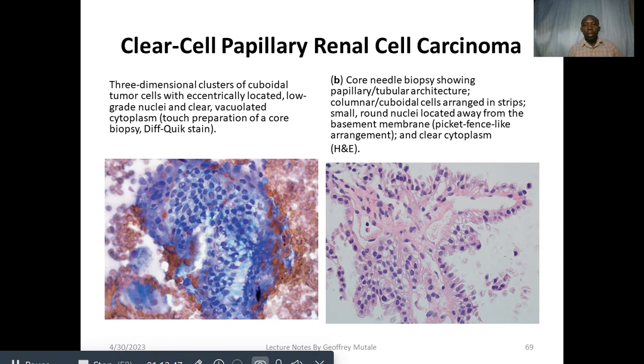We can appreciate the core needle biopsy showing papillary or tubular architecture of columnar and cuboidal cells arranged with small round nuclei located away from the basement membrane, actually in what would appear like a picket fence-like arrangement, and clear cytoplasm under H&E.